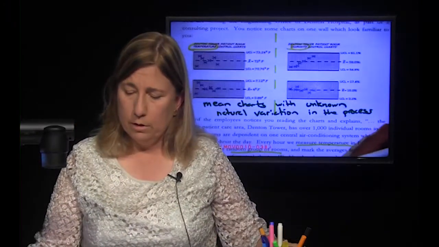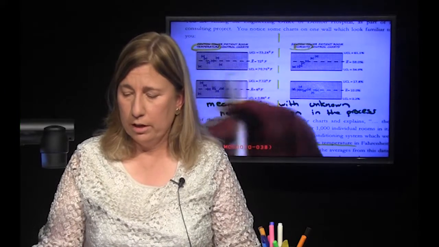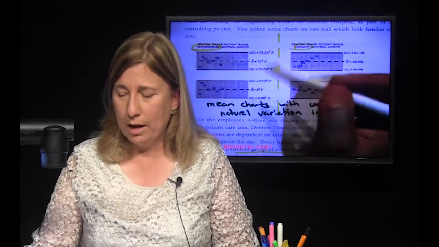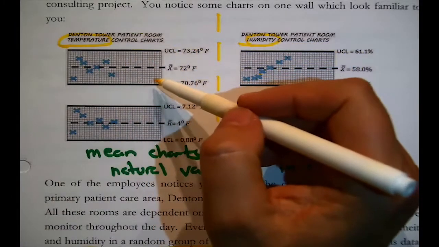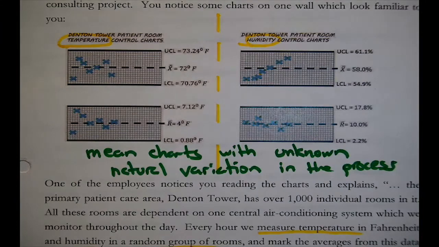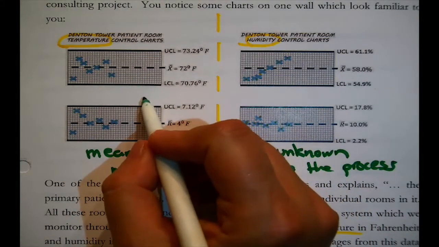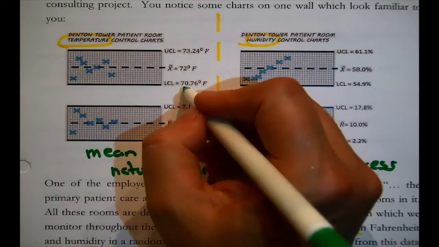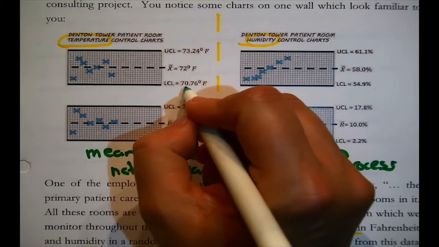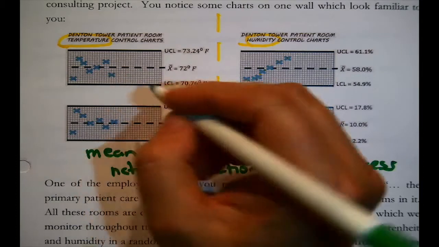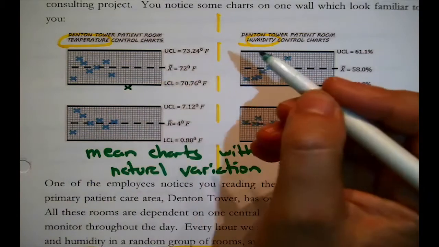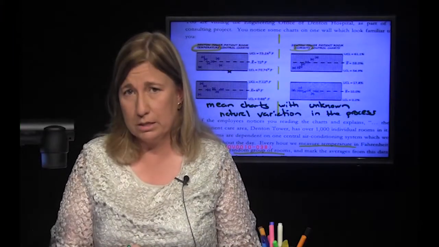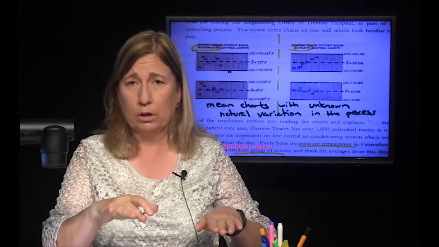We have to look at the chart. They were asking about temperature, so we're over here. They're asking about an average of 70, which concerns in particular the top one, the mean chart. I have to ask myself, if you plotted 70 degrees or cooler, where would it fall? Notice that the lower control limit here is 70.76 degrees, which means if it was 70 degrees or anything less, it would be outside the limit, below the lower limit.